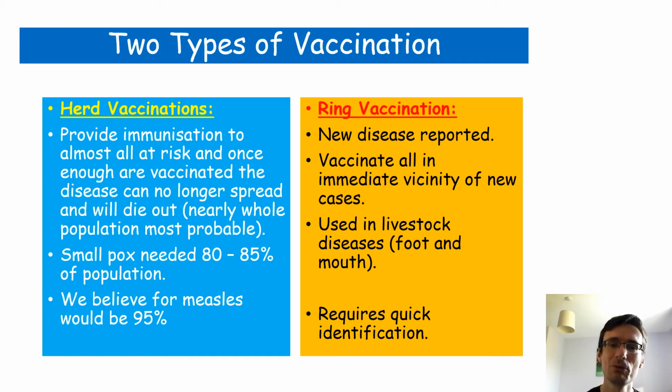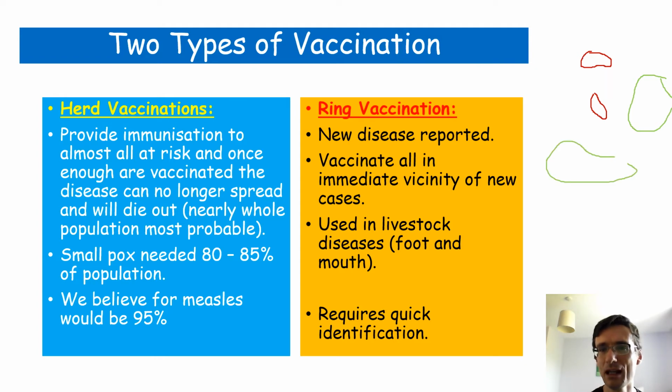Now, the other one, which is much more used in cattle particularly, is ring vaccination. Let's say there was an outbreak up here of foot and mouth disease, another one here, but then we've got completely healthy stocks of cattle over here, and down here.